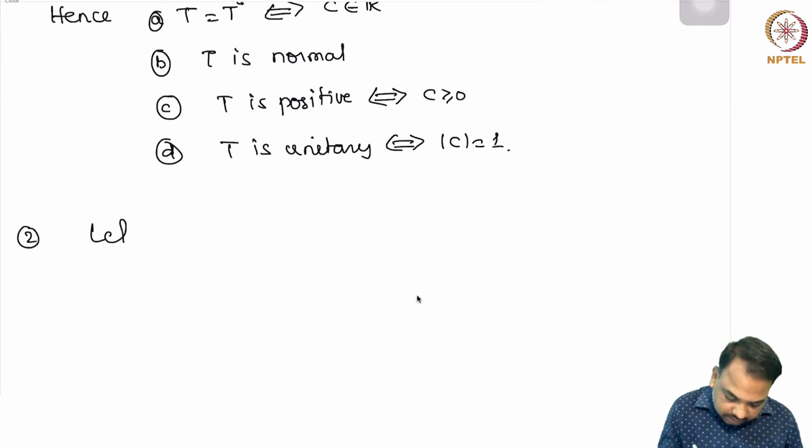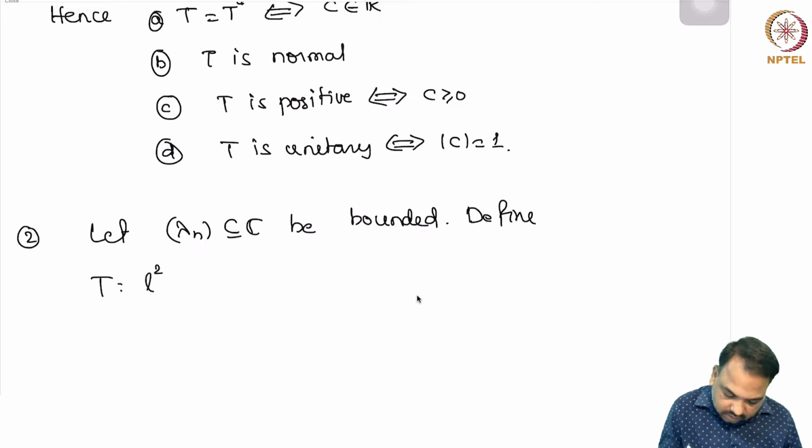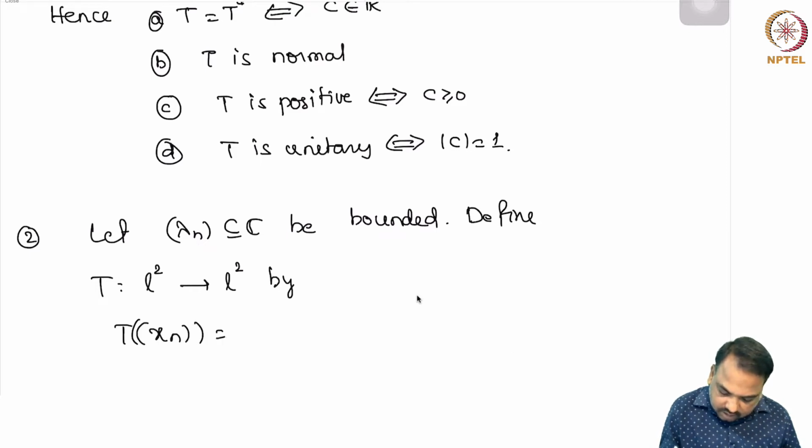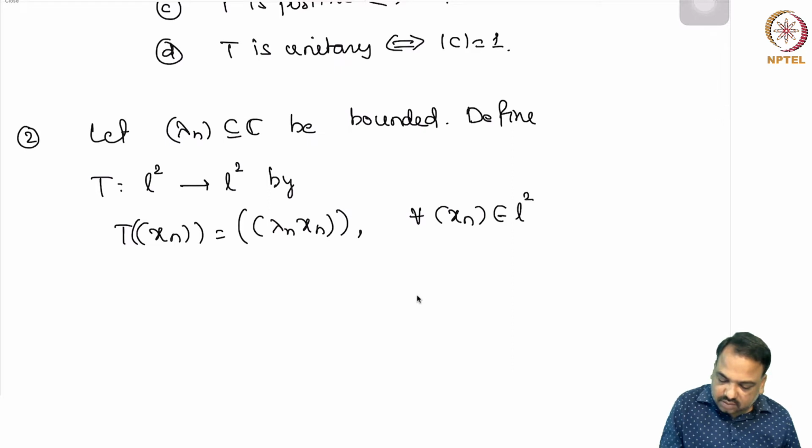Let us look at a bounded sequence of real numbers. So define T from L2 into L2 by T of x_n, the sequence x_n, is the sequence lambda_n x_n for every x_n in L2.